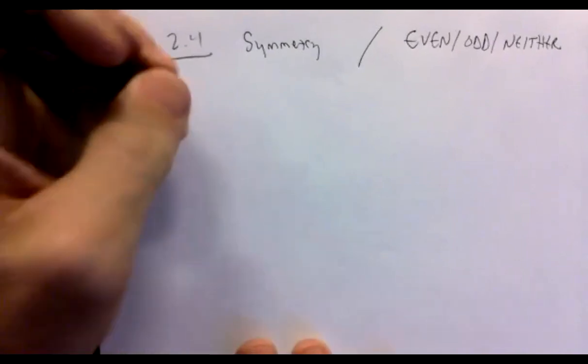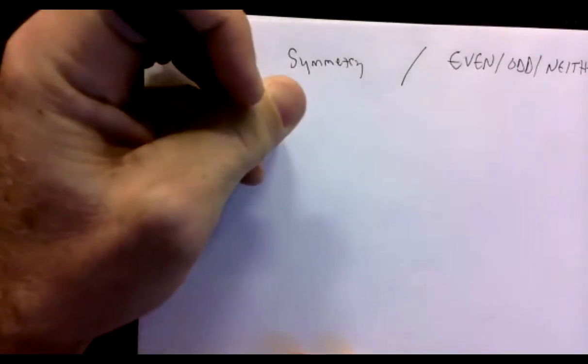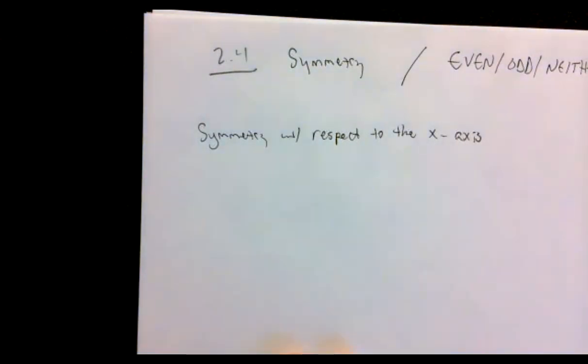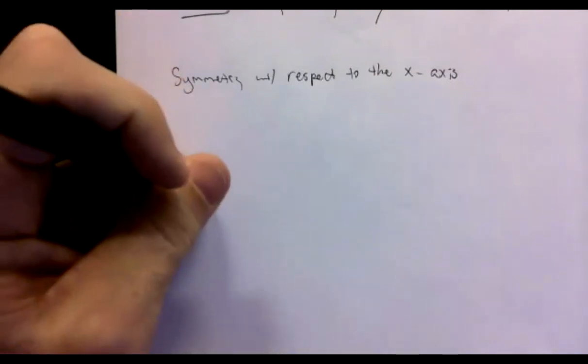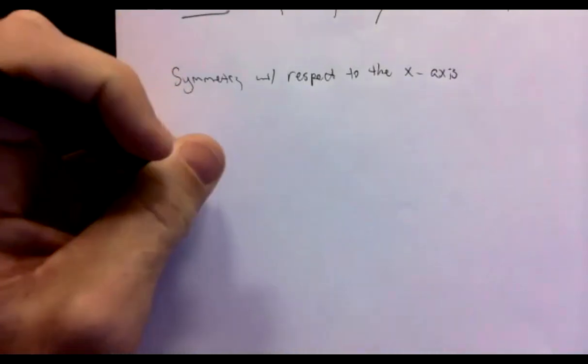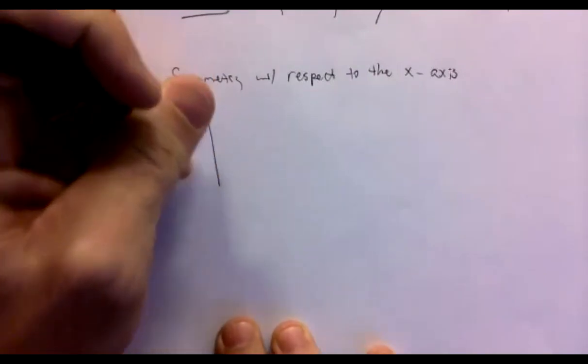So the first one is symmetry with respect to the x-axis. And again, we're going to look at this in three different ways because they're going to ask you questions involving all three. Mine will mostly be involved with the graphs. I like looking at it that way.